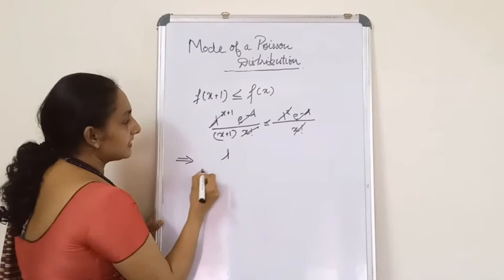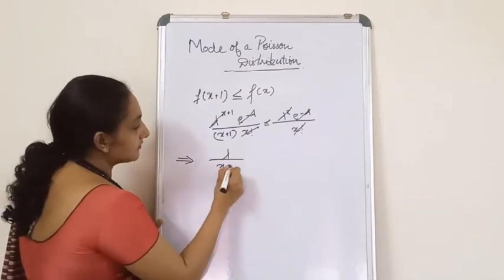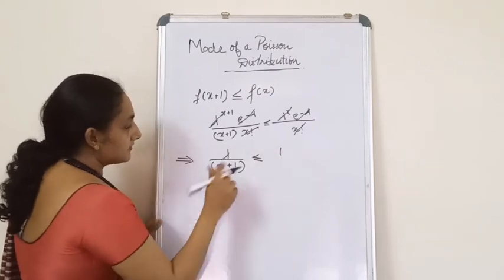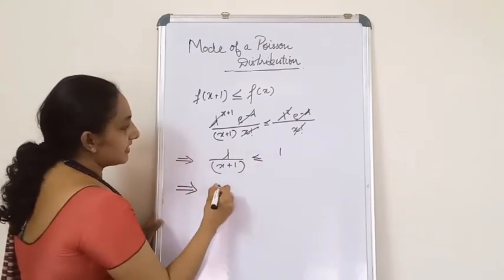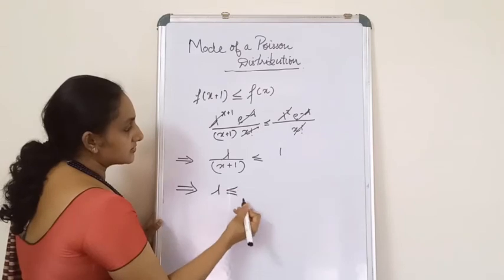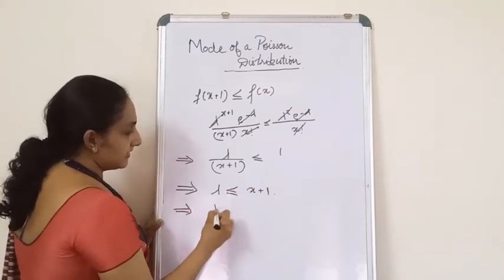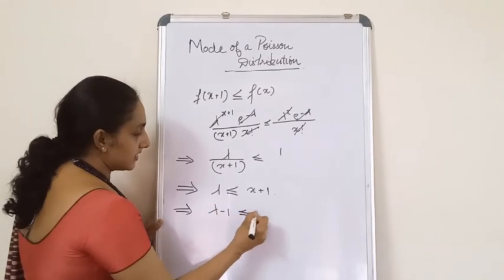What is the remaining thing? Lambda divided by x plus 1 is less than or equal to 1. So what will you get, which implies lambda less than or equal to x plus 1, which implies lambda minus 1 less than or equal to x.